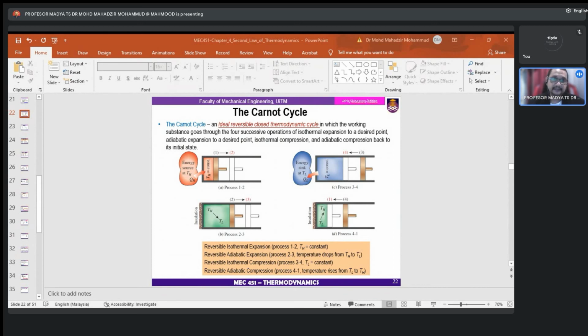For the heat pump, the formula is similar, only you have to twist it: COP heat pump reversible is 1 over 1 minus TL over TH. Again, these are the highest COPs a refrigerator or a heat pump operating between the temperature limits TH and TL can have. Okay, that's for the Carnot cycle.